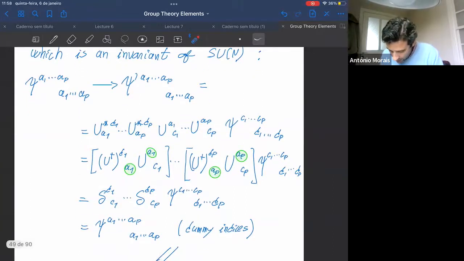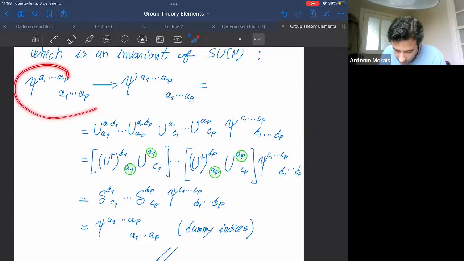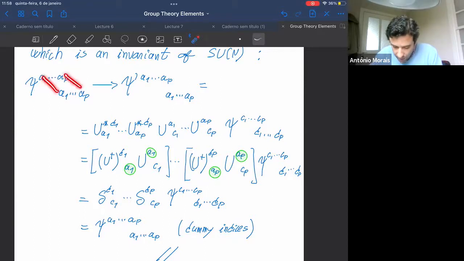Because the indices are dummy, you can write this as A1 to AP, A1 to AP. Here you have proven that this term is in fact an invariant of the theory. It's not a tensor, it's a singlet, but written with P fundamental and P anti-fundamental indices. In rigor, these indices are contracted over.